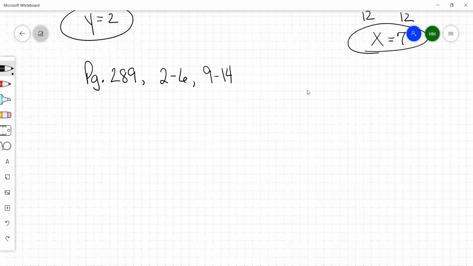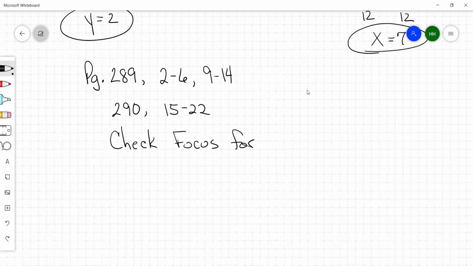Page 290, 15 through 22. And as always, you need to check focus for homework.